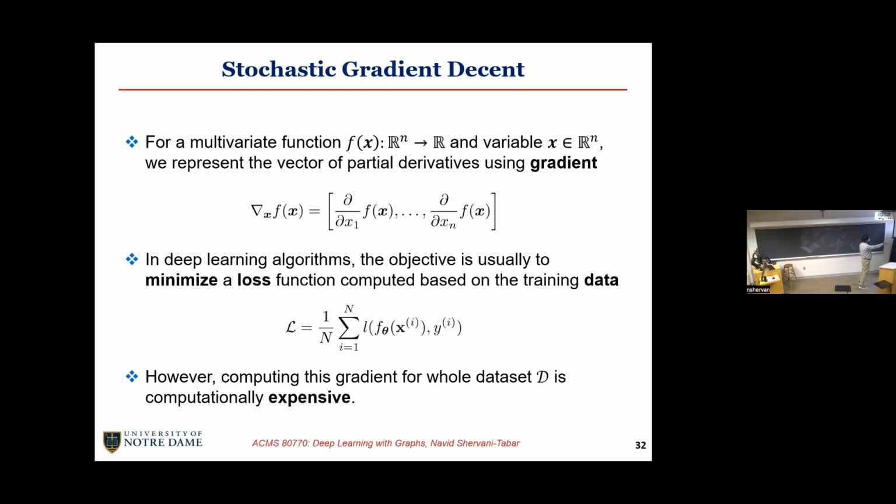Let's call it L, a per data loss, right? You have a single data point and a single corresponding target, you give it to this function and it gives you some loss value. We sum over the loss for every single training data point in our data set, and we average over all those, and that gives me the loss for the whole training data.